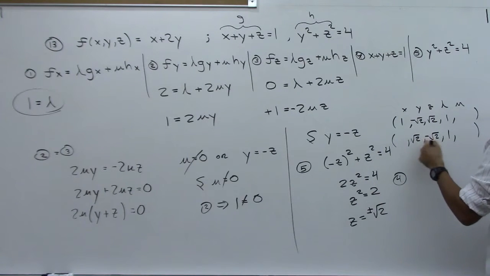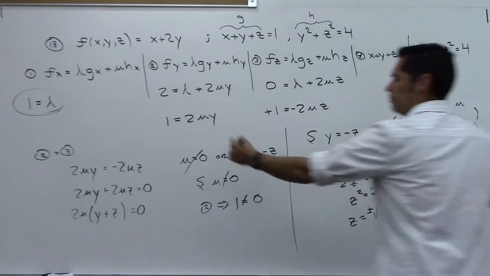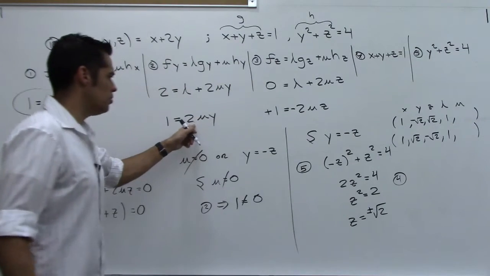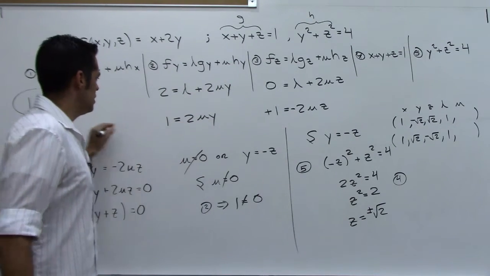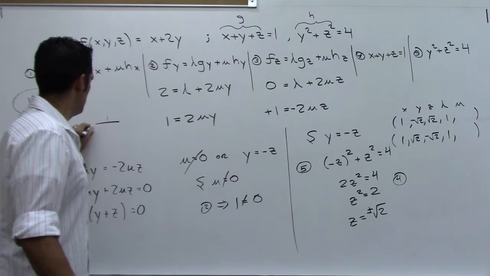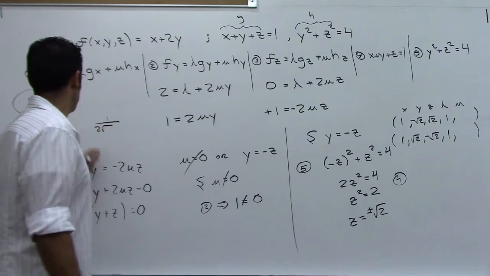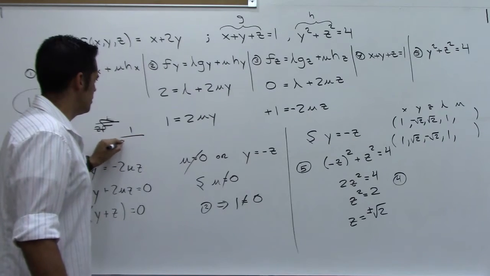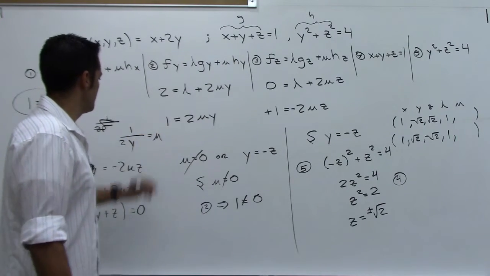Either way, it doesn't matter which way I do it. That's nice. And then what about mu? Where can I get mu? Right here. Solve that for mu real quick. You get 1 over 2y equals mu.